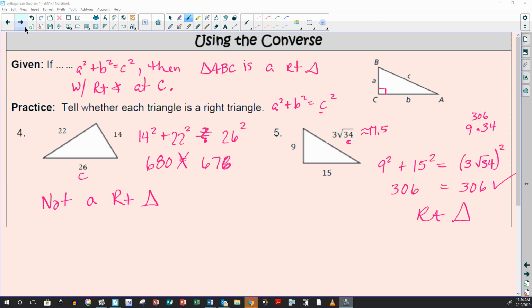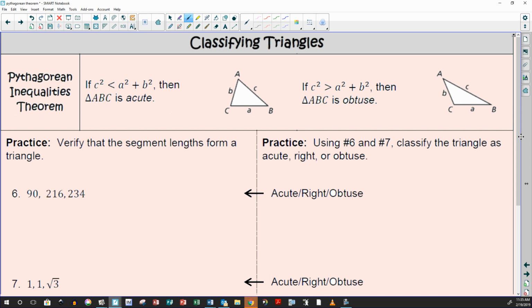All right. So now, if it's not a right triangle, then it is either acute or obtuse. They write them with C squared first, but I write them differently. I always put the A first, because when I think of A squared plus B squared equals C squared, I would think of this as A squared plus B squared is greater than C squared. The A squared plus B squared should come first to me, just naturally, because that's how we say the Pythagorean theorem.